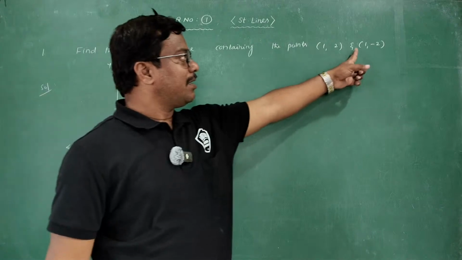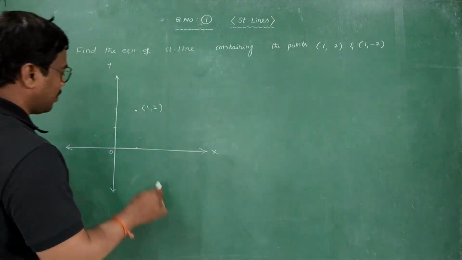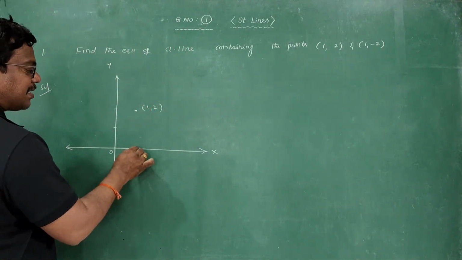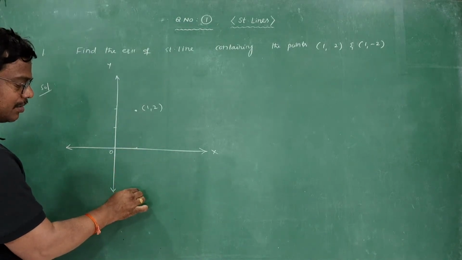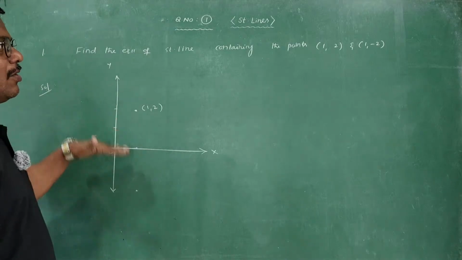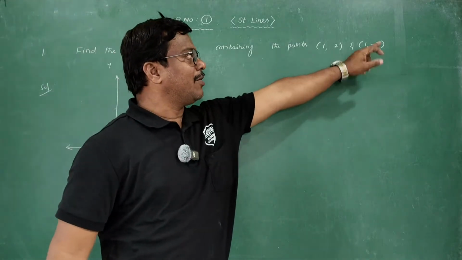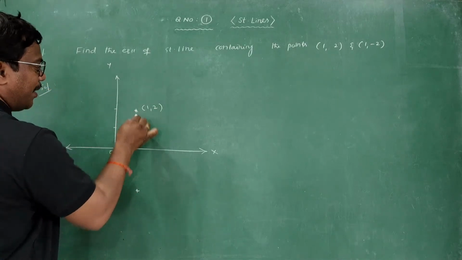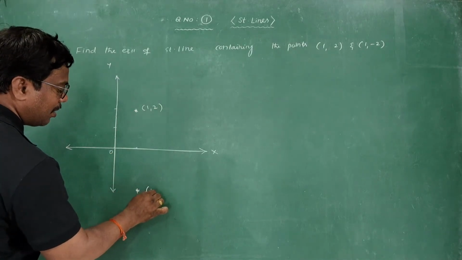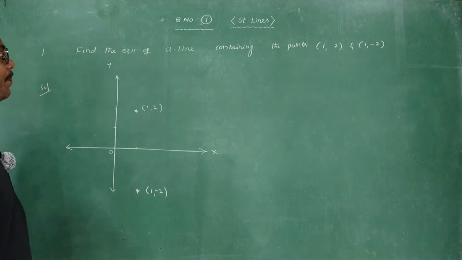Another point given is (1, -2). Along the x-axis you move 1 unit, and along the y-axis you move 2 units downward, because you have y coordinate -2. So this is another point, the second point whose coordinates are (1, -2).